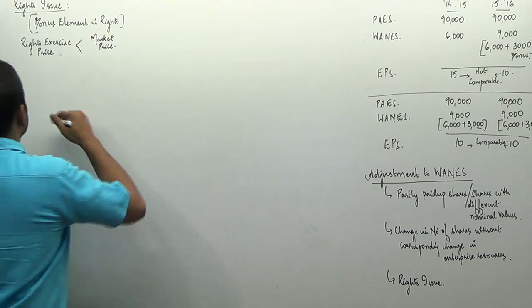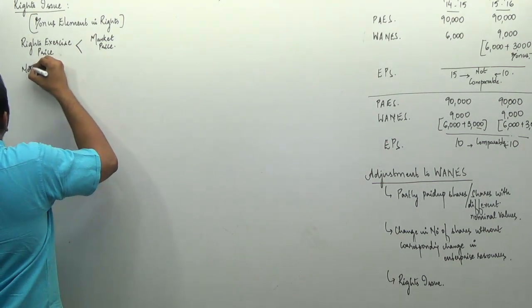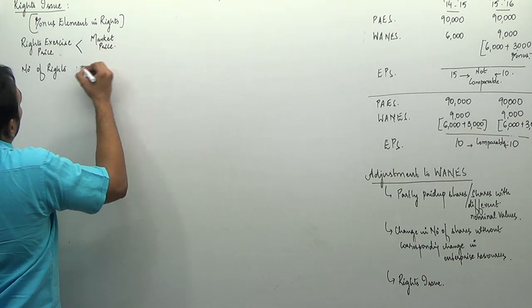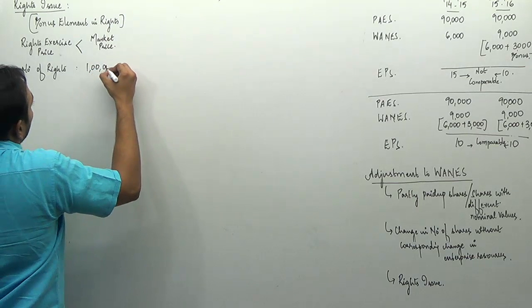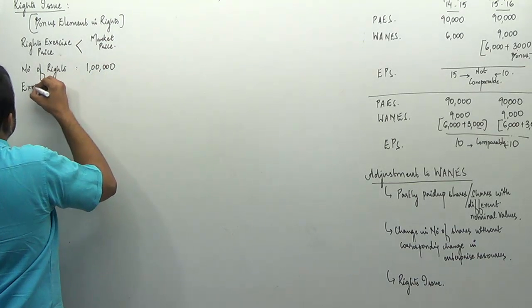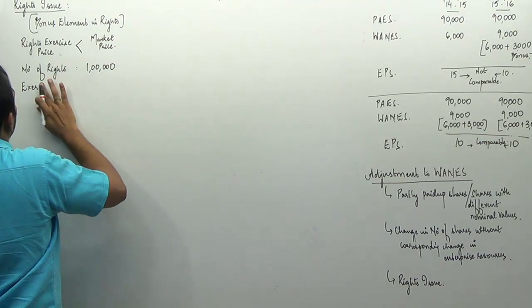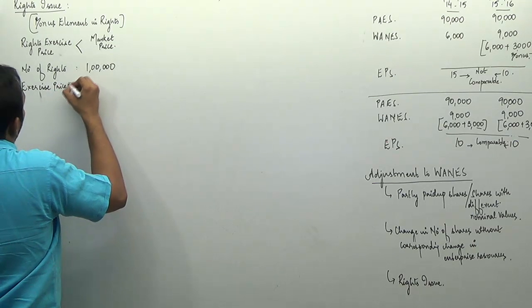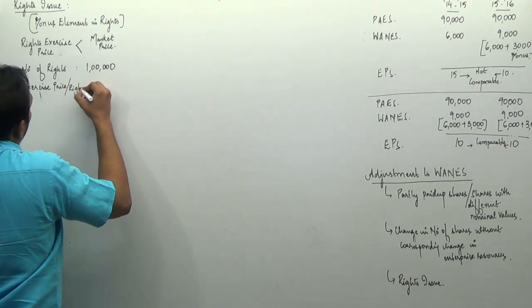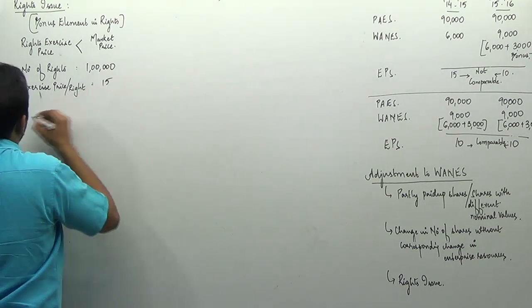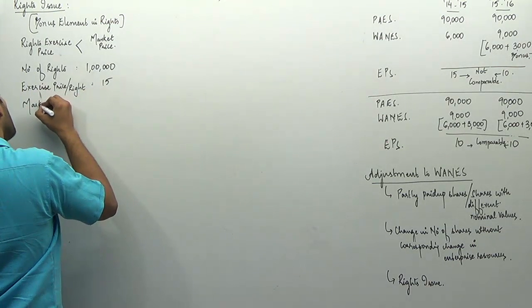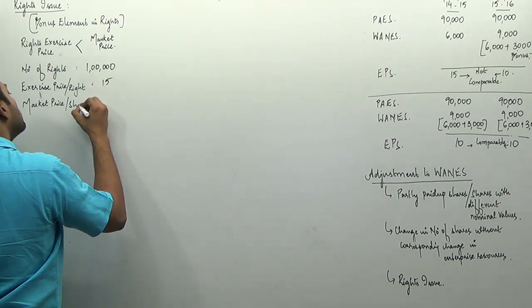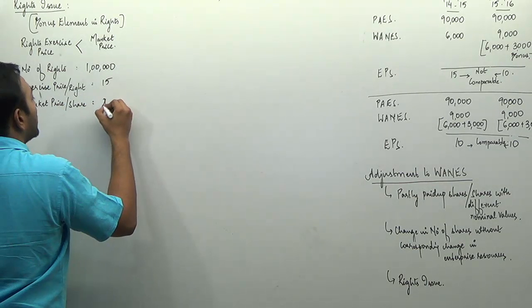Now, observing the same principle, let's say number of rights are about 1 lakh with an exercise price per right of, let's say, about 15 rupees. And the market price per share on that day was 20, let's say.